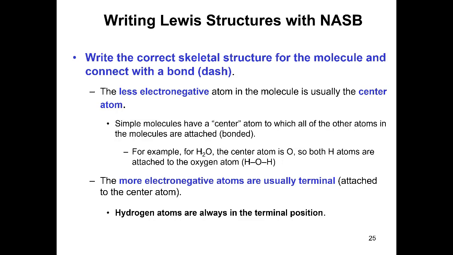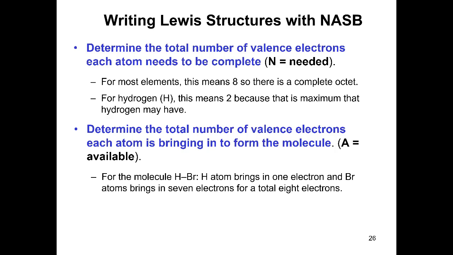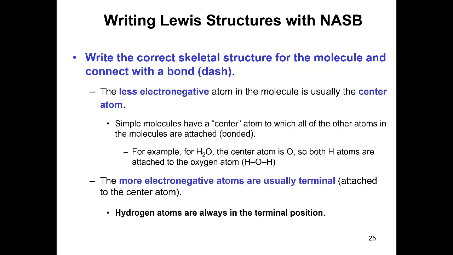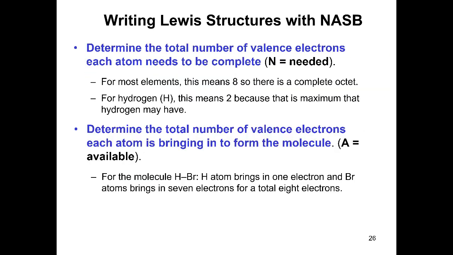The more electronegative ones are going to be the terminals, or the ones that are attached around that. And hydrogen's always going to be on the outside because it can only form one bond. You determine the number of needed valence electrons.